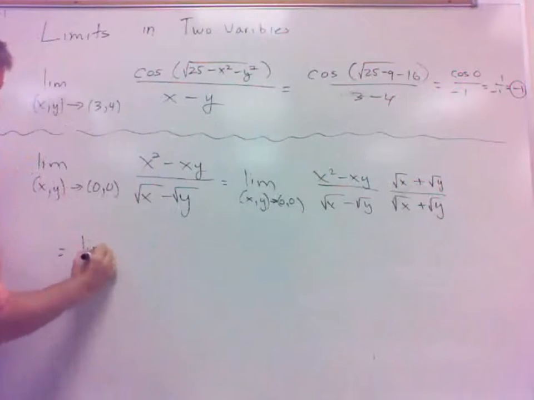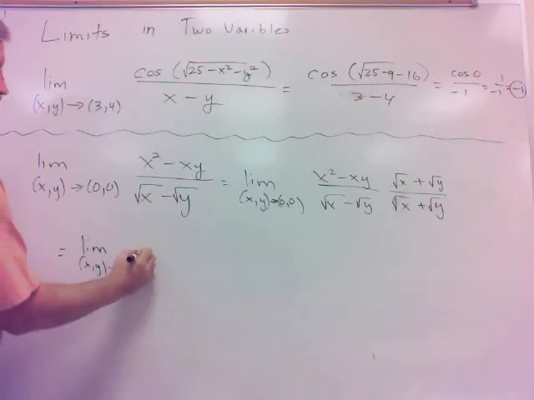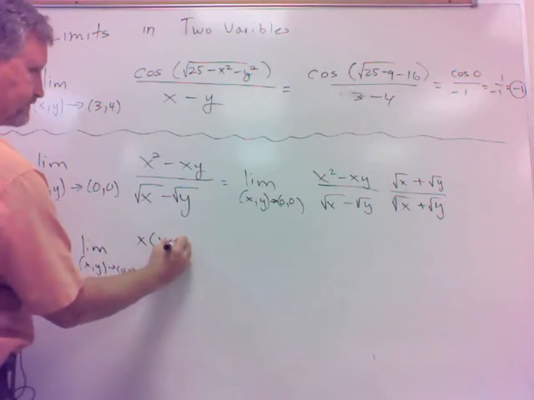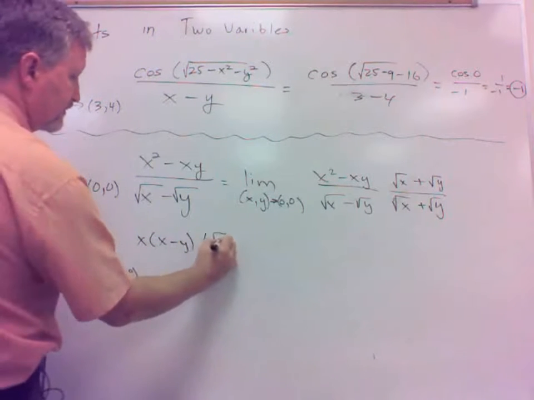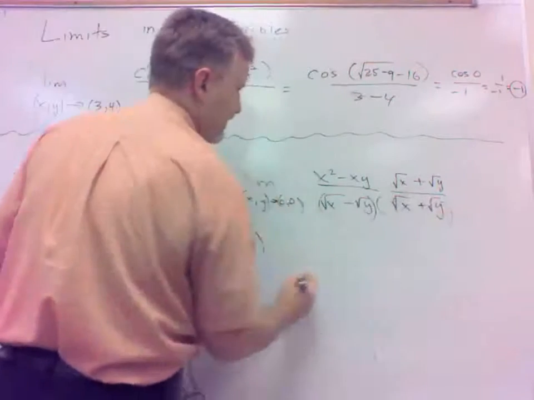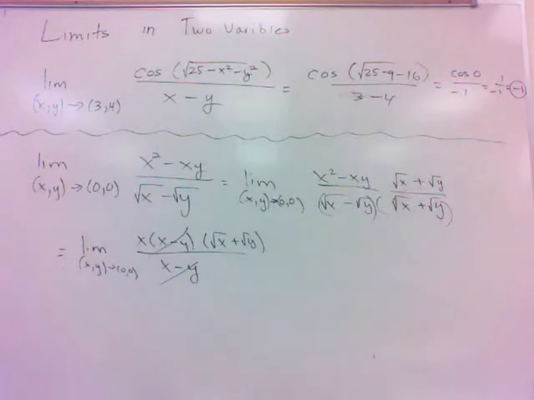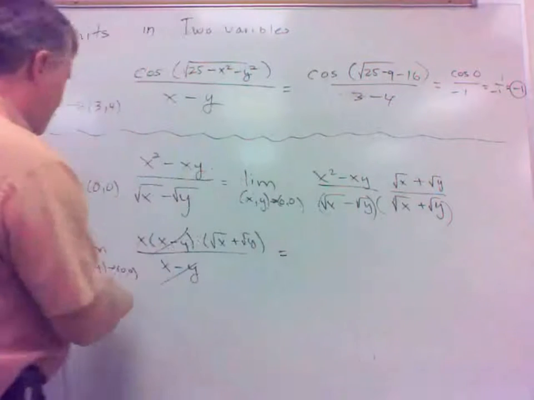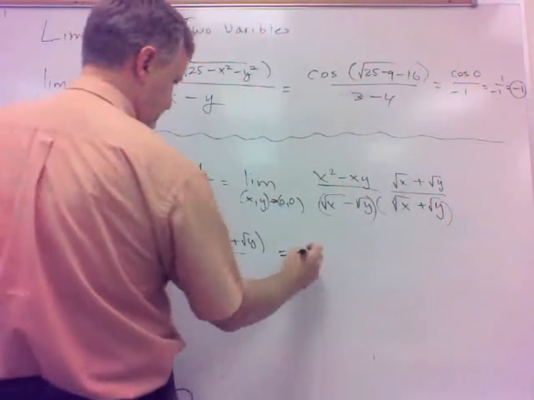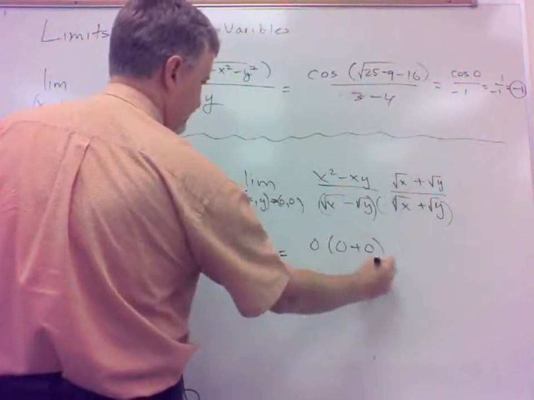So that winds up being the limit as x, y approaches 0, 0. Let's go ahead and factor that out, and then multiply these out. Of course, that'll be x minus y, and then our cancellation. Now as x, y goes to 0, 0, we've got 0 plus 0 over 1.